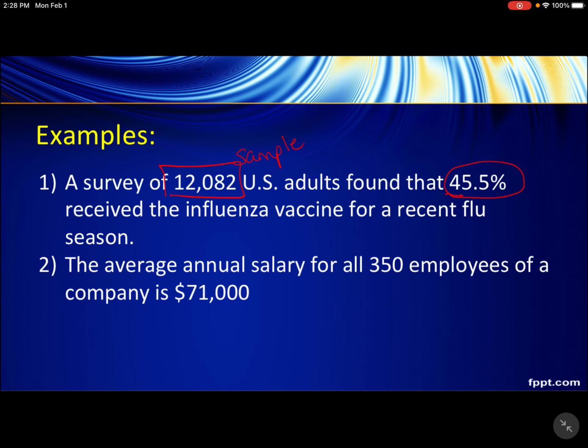Therefore, the 45.5% is a statistic. Number two, the average annual salary for all 350 employees of a company is $71,000. So the characteristic is the average salary, which is $71,000. Since all 350 is the population that the information was collected from, then this 71,000 is a parameter.